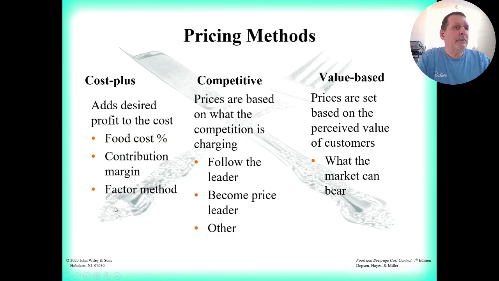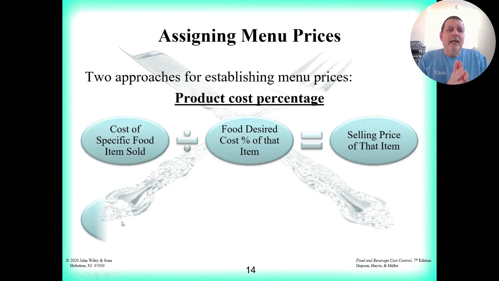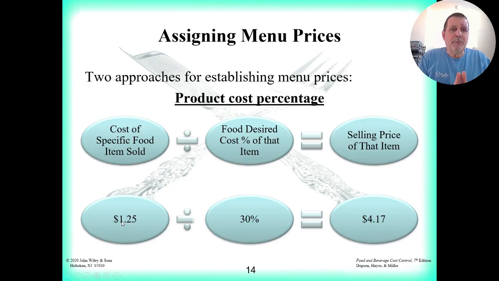So for cost plus, we have food cost percentage, contribution margin, and the factor method. I briefly mentioned that at the beginning of the last video. When I have a food cost percentage that I want, I don't really know what my food cost percentage is until I have my price, because the part divided by the whole is the cost divided by the price.